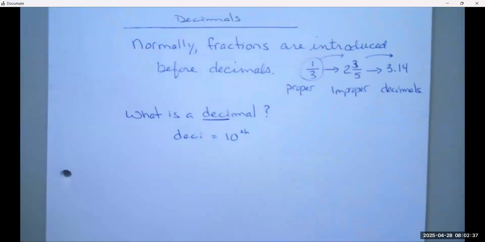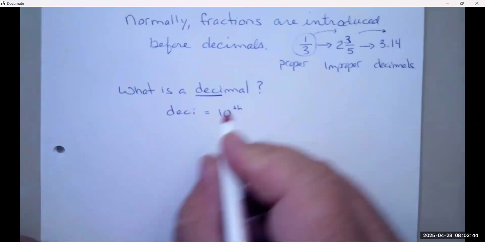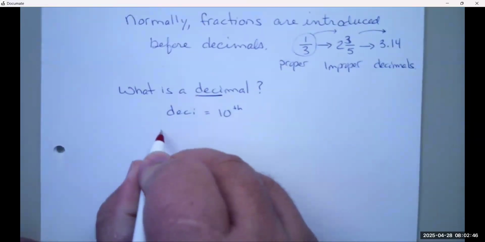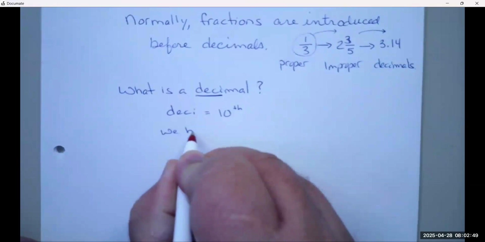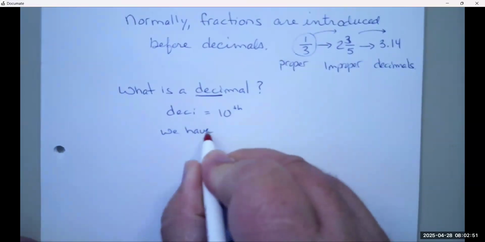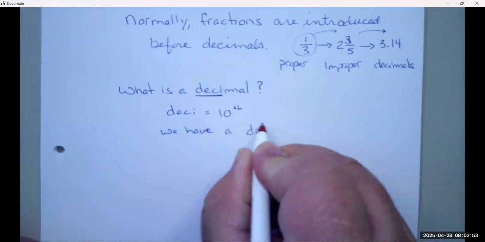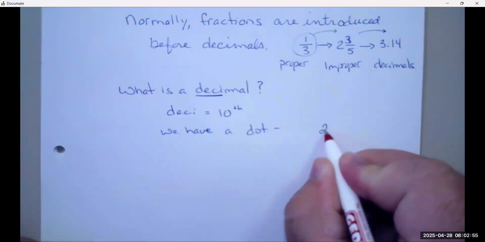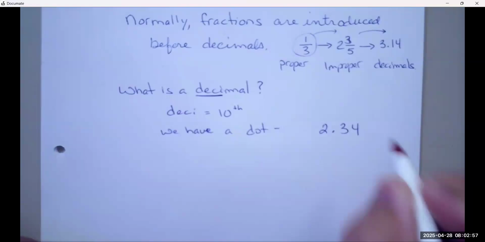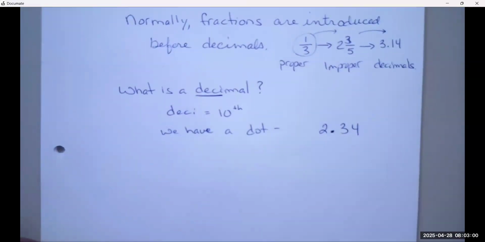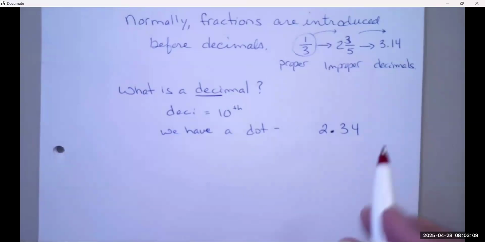Our number system that we deal with is base 10. So with decimals, we have a dot. This dot differentiates between numbers greater than 1 and numbers less than 1.